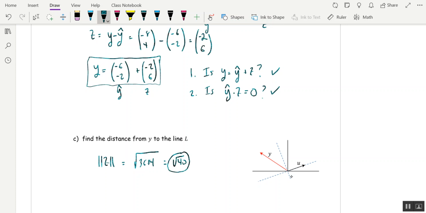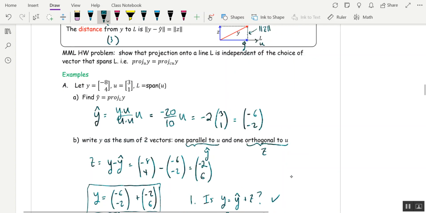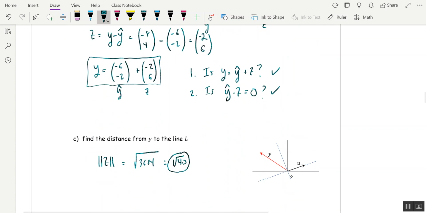And I've drawn a picture for you. This is Y. U is, what was U? 3, 1. So U goes into quadrant 1, but this whole dotted line here is L. That's the line spanned by U. If I project Y onto L, I drop a perpendicular like this.